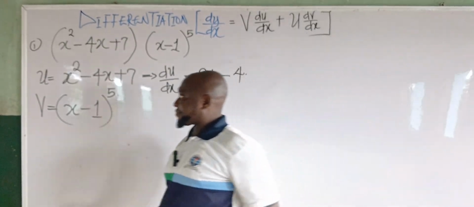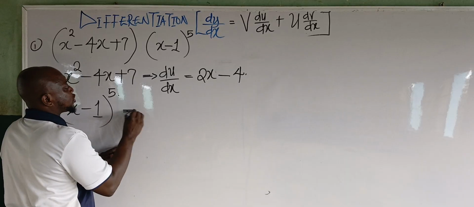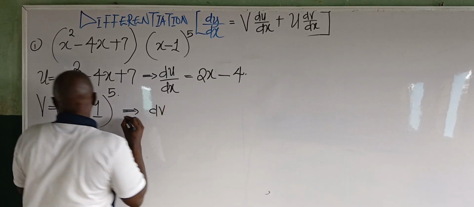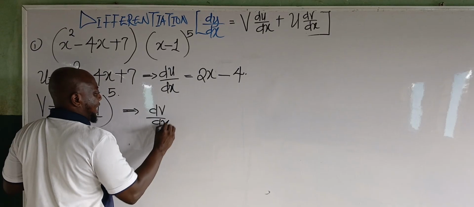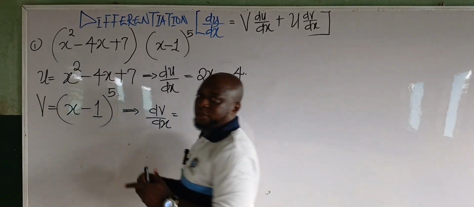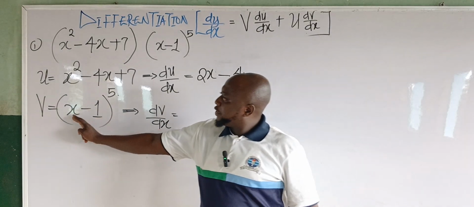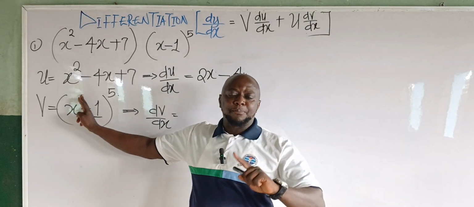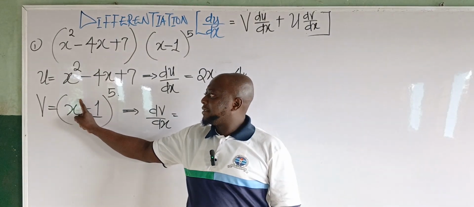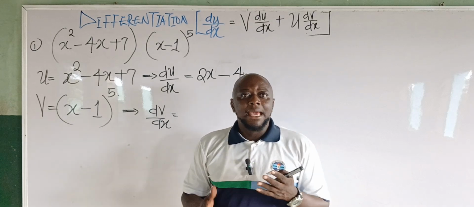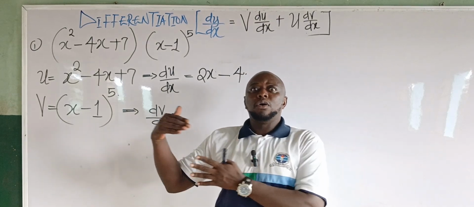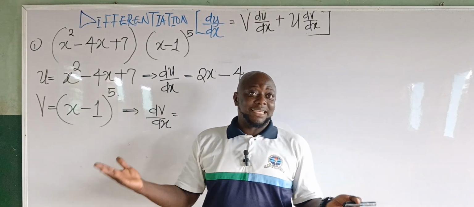Next up, remember, we are using the shortcut of chain rule. So we want to get dv with respect to x. Watch the way I differentiate this. Bear in mind that x is appearing 1 time here, so you use 1 to multiply this x, which gives me x or 1, whichever case it will be.